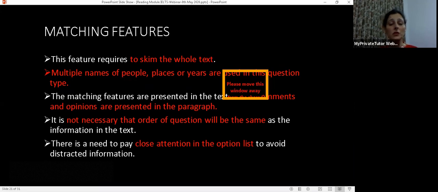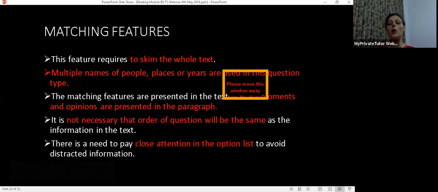Then matching features. When this sort of question is in front of you, you have to skim the text quickly to understand the main idea of the passage. Multiple names of people, years, places are used in the question. In this question type, the matching features are presented in the text where comments and opinions are presented in the paragraph.